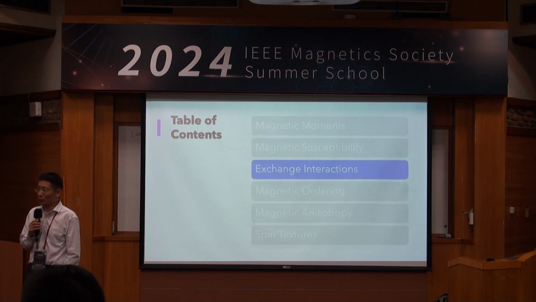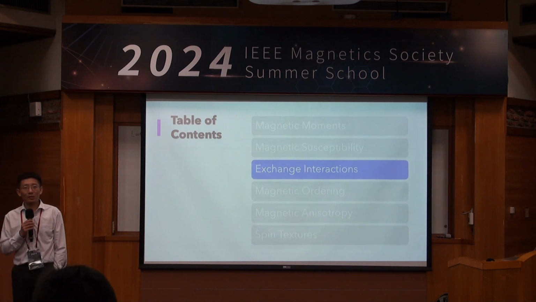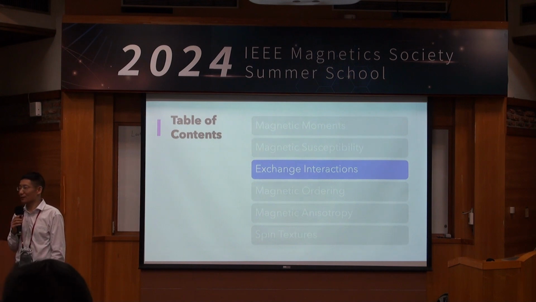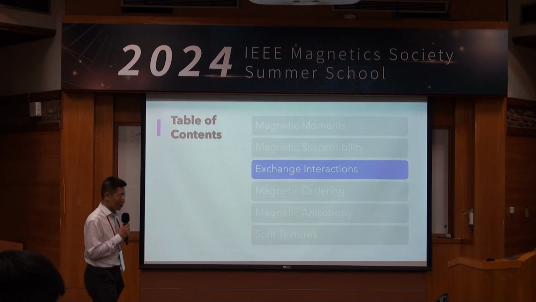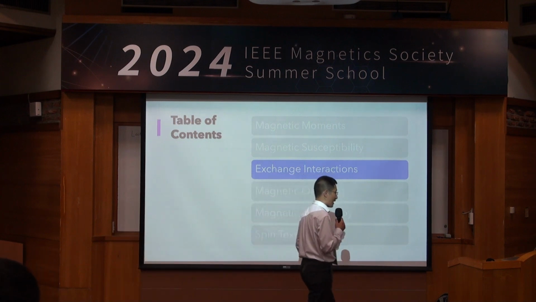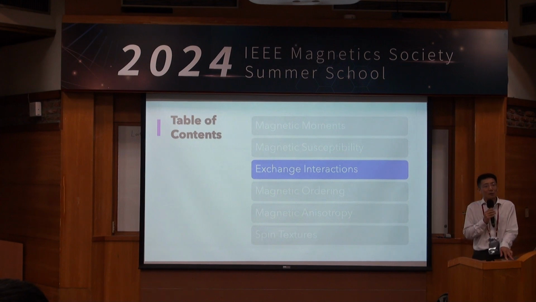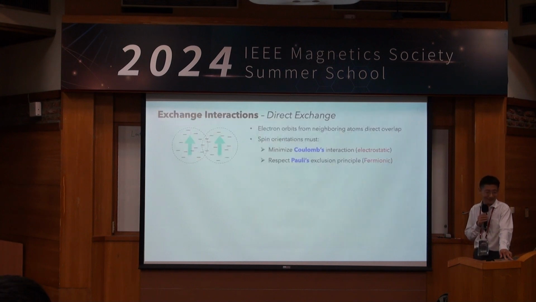We know that in reality, the spins in the material are never independent. Instead, they are strongly coupled, strongly interacting with each other. So no spin could freely make its own choice, regardless of its neighbors. This comes to our next topic, the magnetic interactions, or more specifically, the exchange interactions coupling different spins.